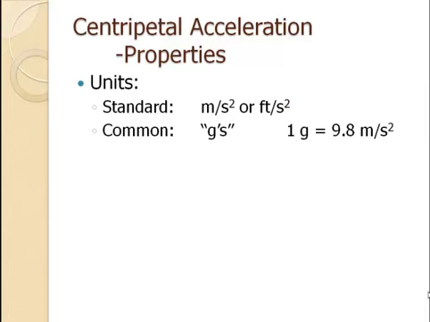And a very common unit for centripetal acceleration is g's, which are multiples of gravity. So 1 g is equivalent to 9.8 meters per second squared, or equivalently 32 feet per second squared. That can be a conversion factor that you can use in problems.